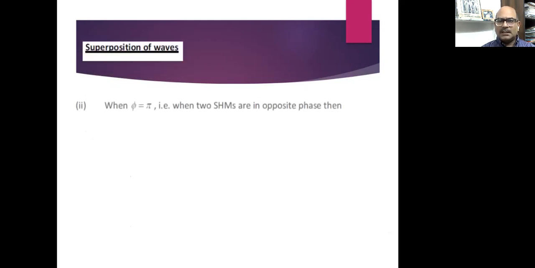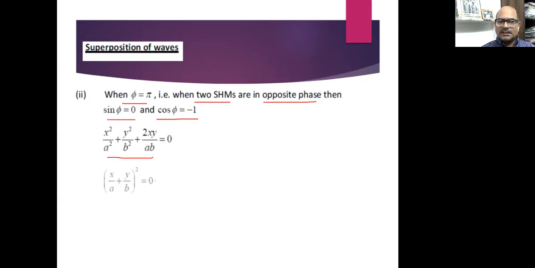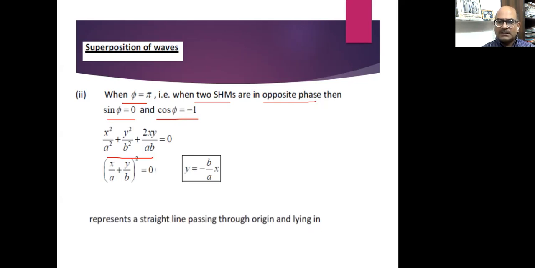Now if we change the value to phi is equal to pi, then the two SHMs are in opposite phase. So sin phi is 0 and cos phi is minus 1. In that case, it will reduce to y is equal to minus b by a x. So the slope is reversed.